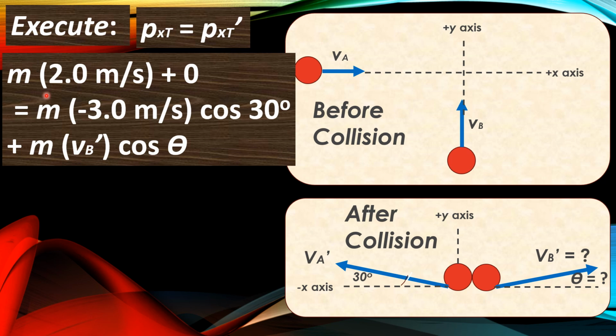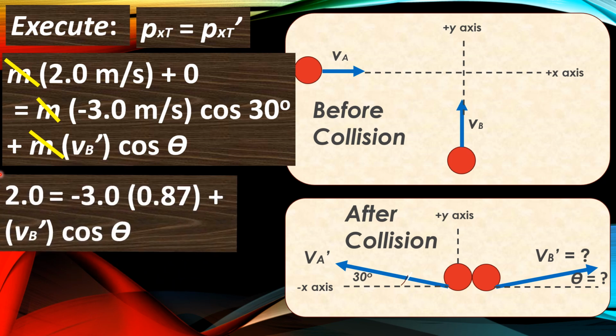Since the mass, small letter m, can be cancelled out, we can simplify the equation to just 2.0, disregarding the units first, equal to negative 3.0 times the cosine value of 30 degrees in two significant figures, which is 0.87, plus v sub B prime multiplied by cosine of the angle theta.